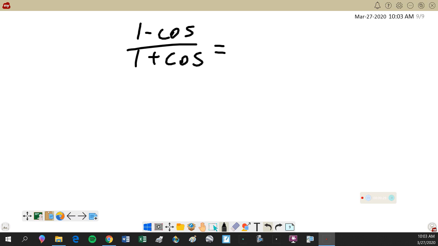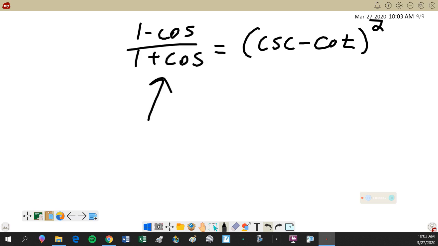So looking at number 12, 1 minus cosine over 1 plus cosine is equal to cosecant minus cotangent squared. Right away, you should think conjugates. So whenever you have half a conjugate in the denominator, you want to multiply it by the other conjugate.